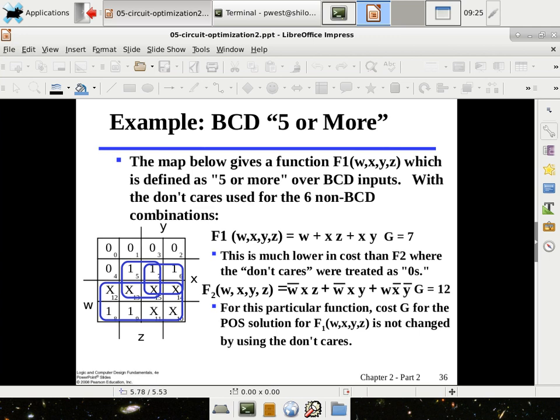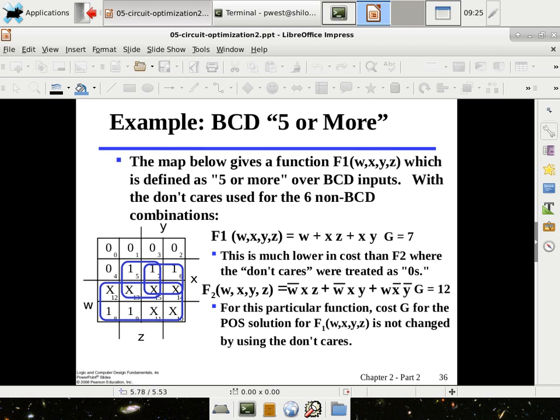for this big of a box, the cost is far less than if you're going to do them individually. And they actually show that up here, because if you do it with the don't cares, this is just W plus XZ, which are these 4, and then plus YX, which are these 4.